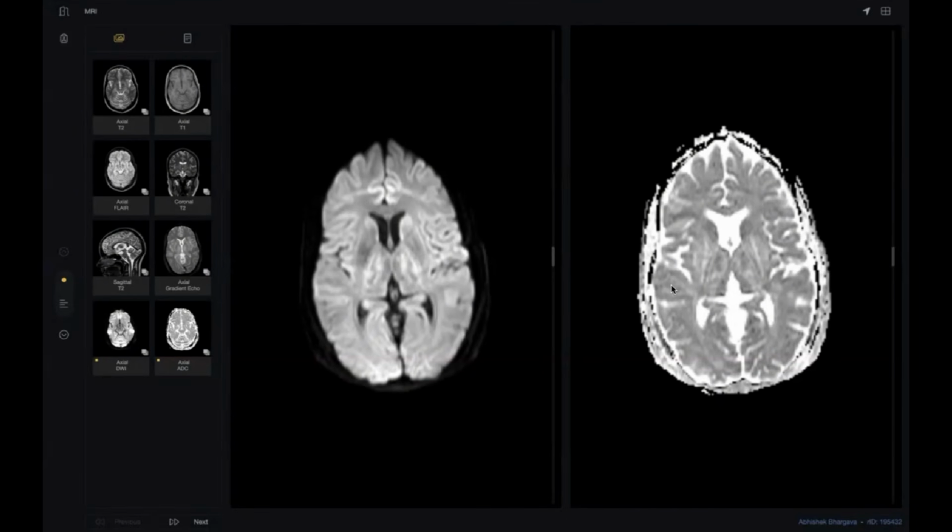So my differential diagnosis, as regards the bilateral thalamic and basal ganglionic high FLAIR signal intensity, will be maybe a systemic condition like uremia or hepatic encephalopathy, or there may be infarctions also, but there is no diffusion restriction, so it's excluded. Or hypoglycemia.